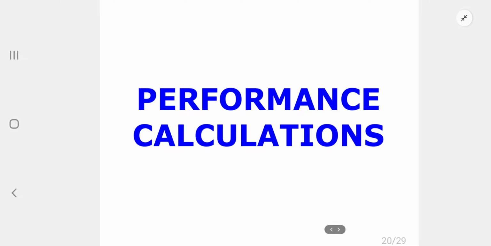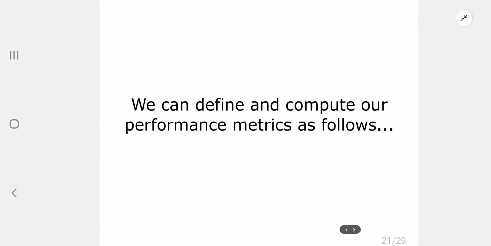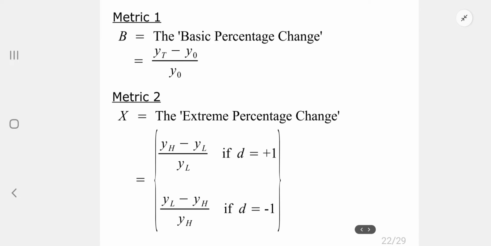Performance calculations. We can determine and compute our performance metrics as follows. Metric 1, which equals B, which equals the basic percentage change, which equals yT minus y0, all divided by y0.